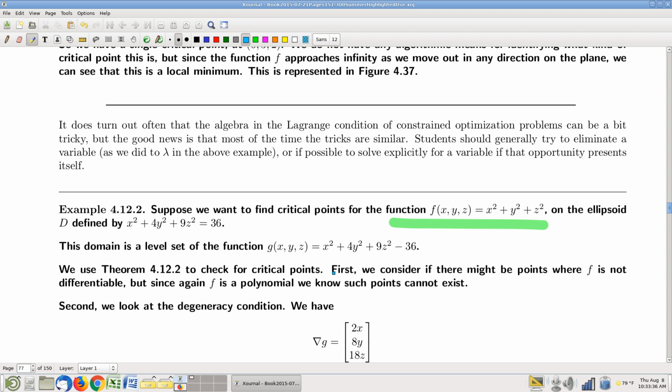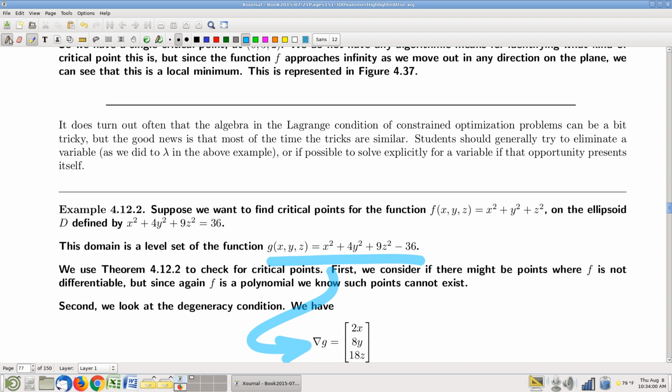Is this function differentiable everywhere? Yes, differentiable. Next, let's look at the constraint function. Here's our constraint gradient. Is this ever equal to 0? Uh-oh. Yeah, this can equal 0. Now, there's a temptation to think that we've found a degenerate critical point.